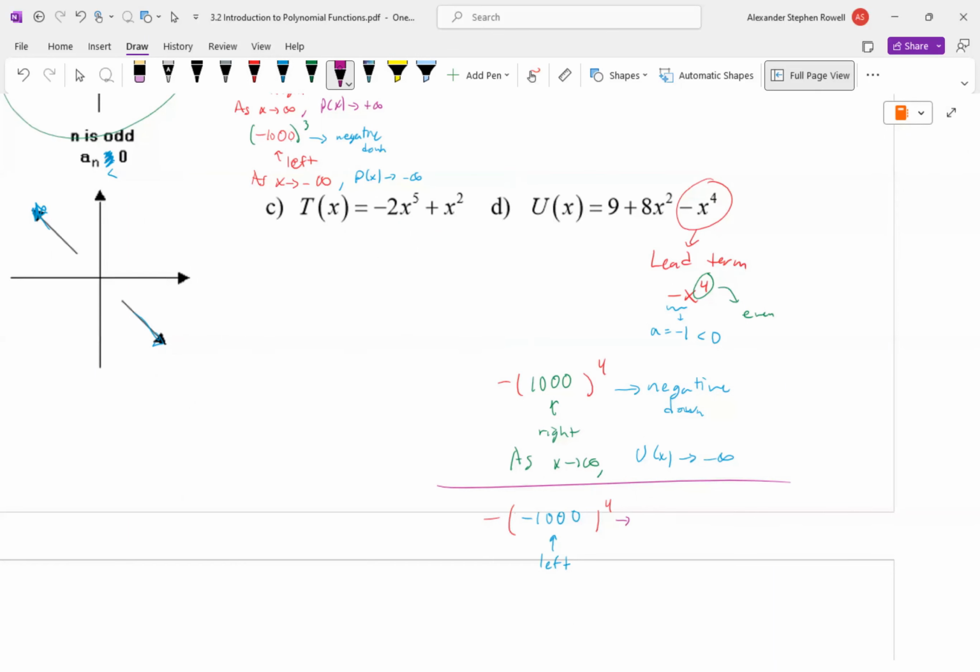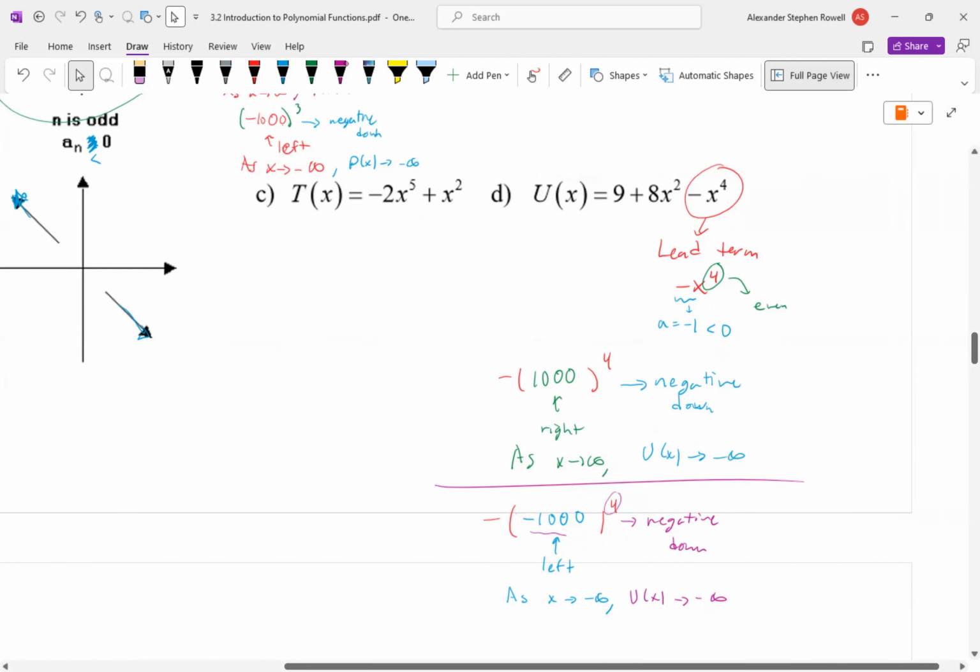A negative number to an even power is positive. Then I apply the negative. So yeah, it goes down. So we say that as x goes to negative infinity, my y value, u of x, goes to negative infinity.